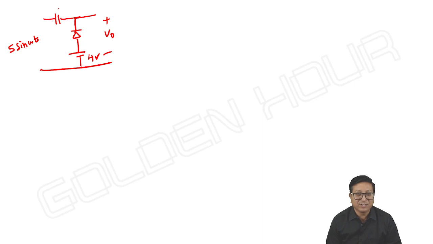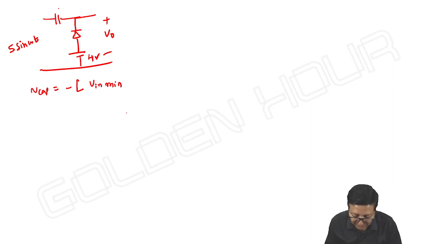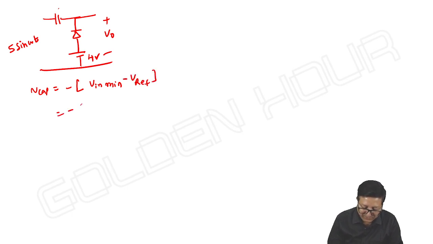So once the diode is on, the capacitor voltage V capacitor is equal to minus of V input minimum minus V reference. V input minimum is minus 5. Okay, plus I should take, sorry.